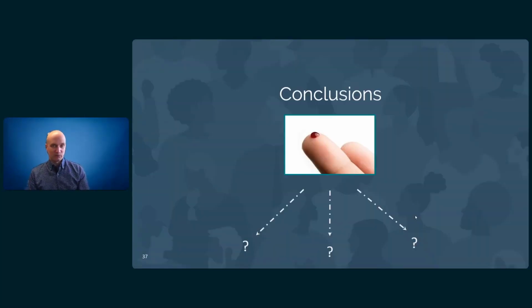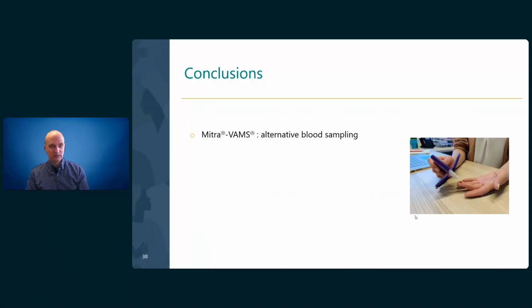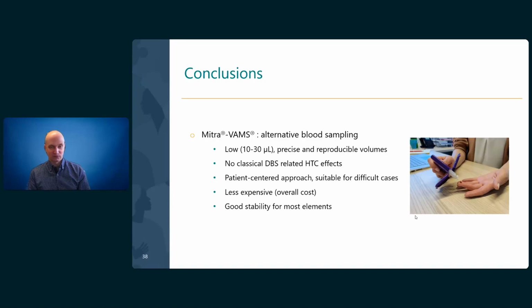Let me wrap up with a few conclusions. I really hope that I demonstrated that Mitra VAMS could become an alternative for blood sampling for different reasons and with different advantages. It allows collecting low volumes, precise and reproducible as well, which is not the case with dried blood spot paper, for example.